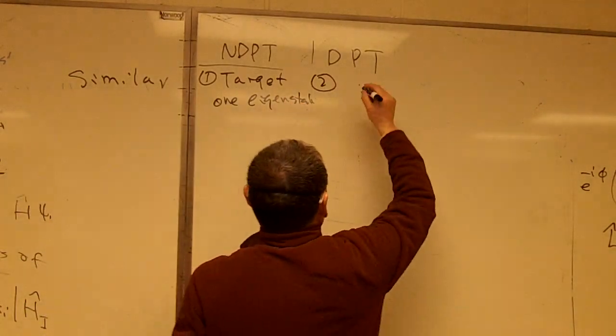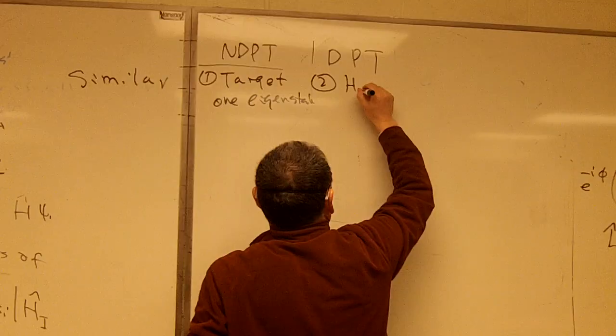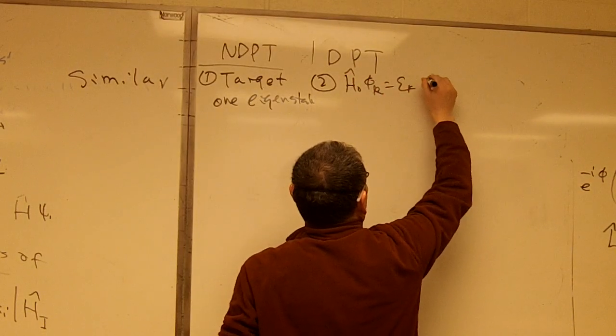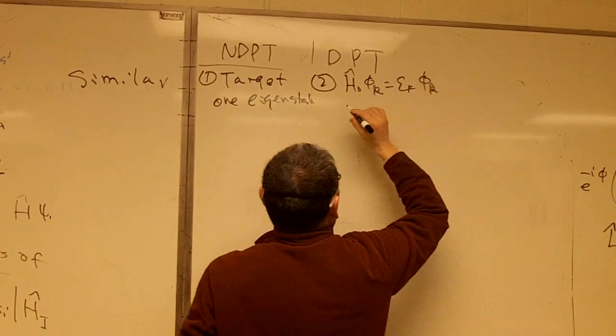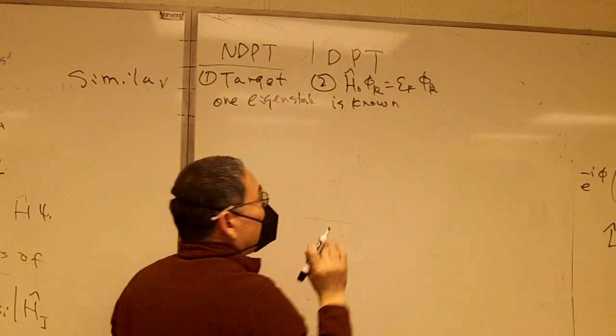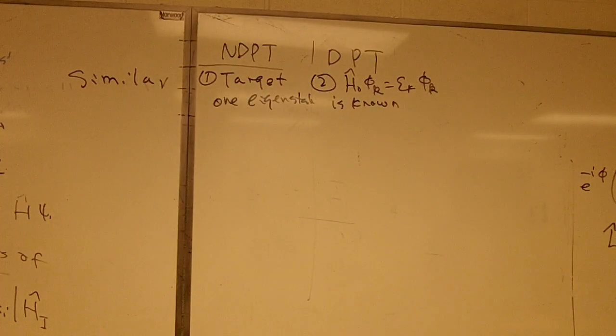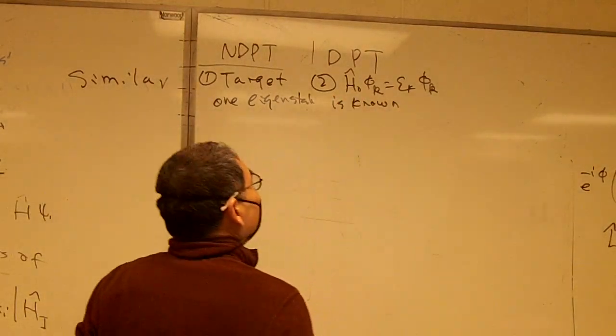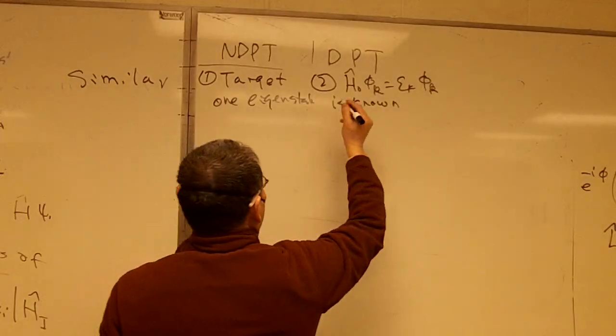Second, they make assumptions. H0 acting on the state equals epsilon K zero times the state, and this is known. So they're assuming that all these eigenvalues for the non-perturbed ones are known. So this is a known assumption.